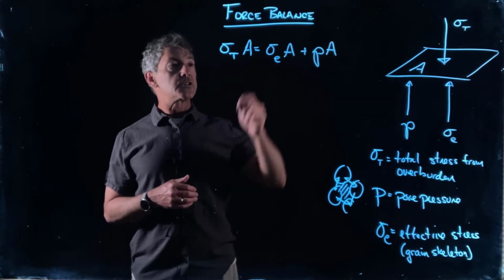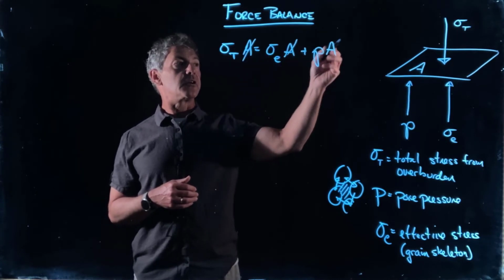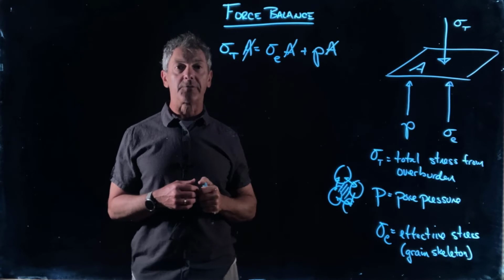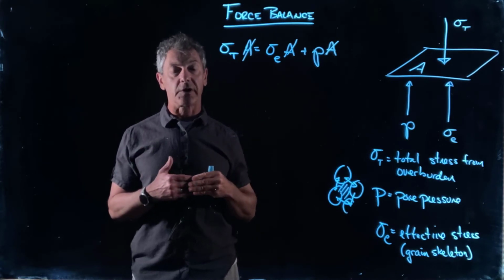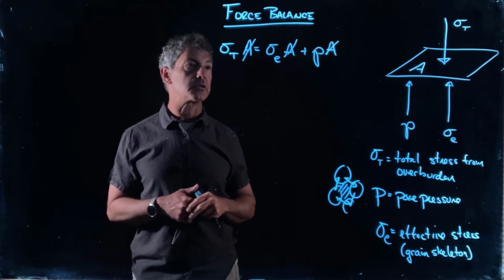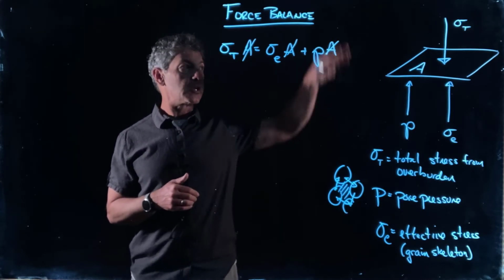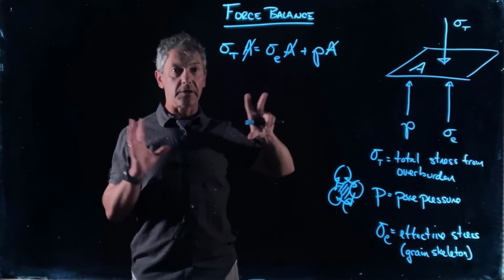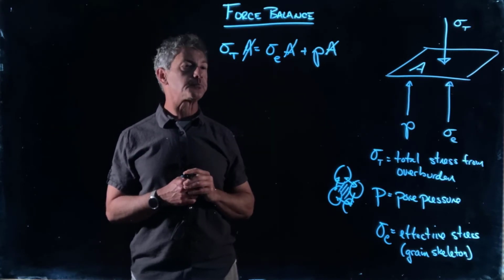Obviously the areas cancel out, so we don't have to work with the areas, but if we want to start off talking about force, we have to talk about the stress, which is force per unit area, times the area over which it's applied. Since the force pushing down and the force pushing up are all applied to the same area, we don't have to worry about the area.